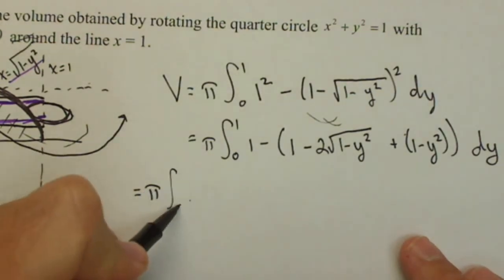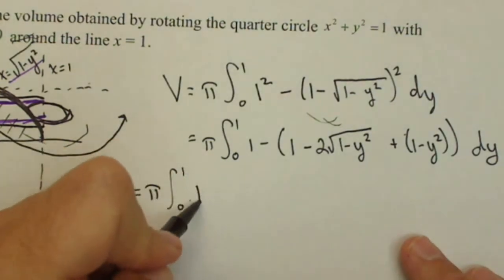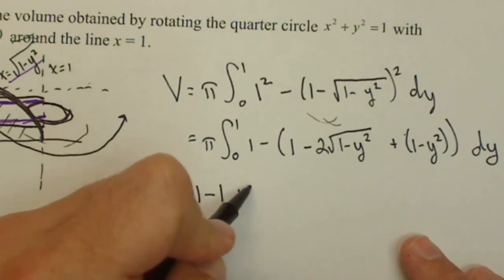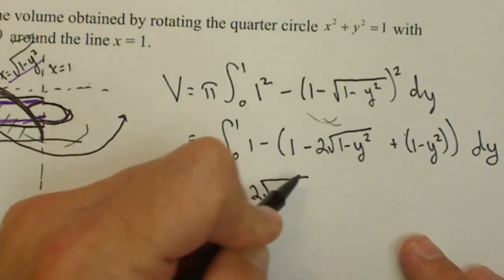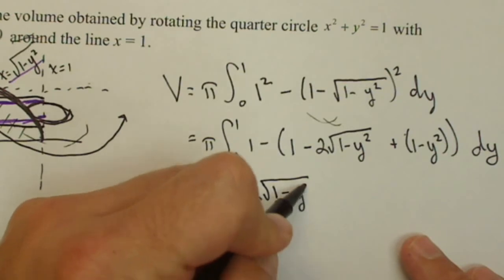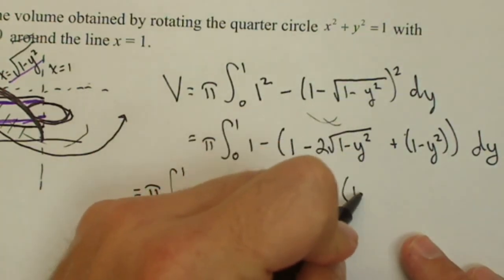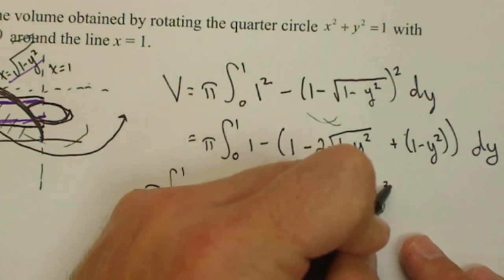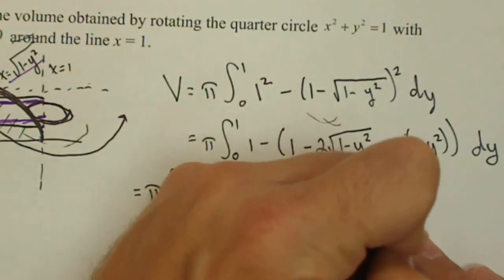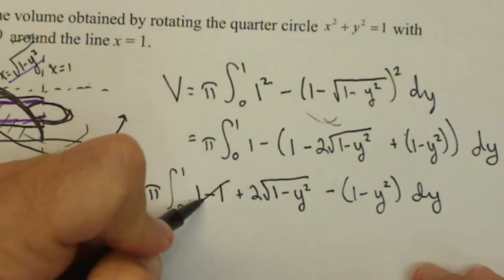So pi, we haven't done any integration yet. 1 minus 1 plus 2 times the square root of 1 minus y squared minus the quantity 1 minus y squared dy. Those ones are going to cancel.